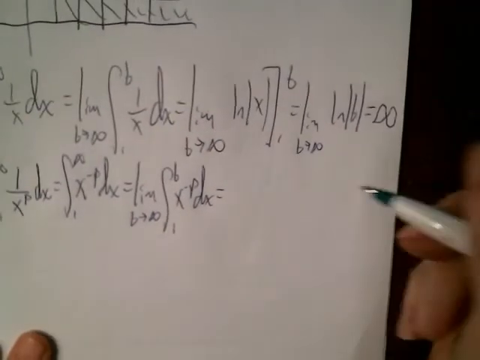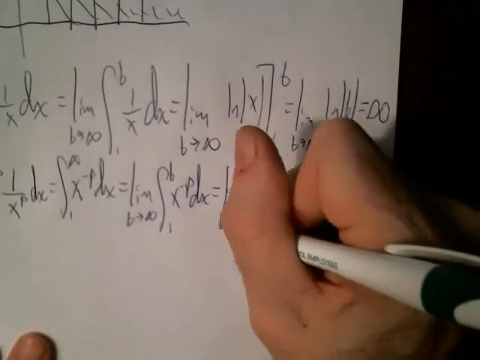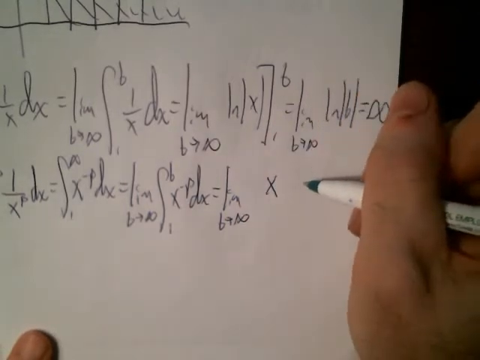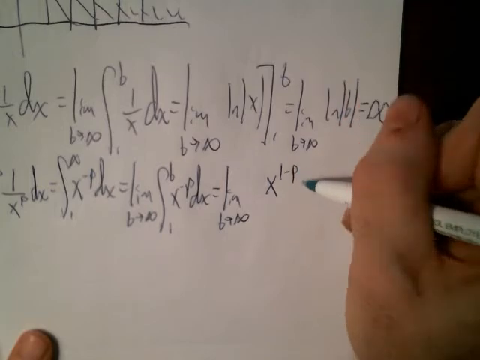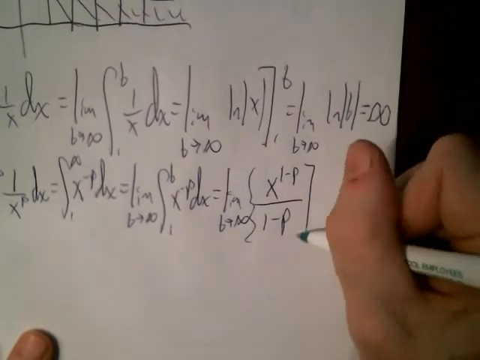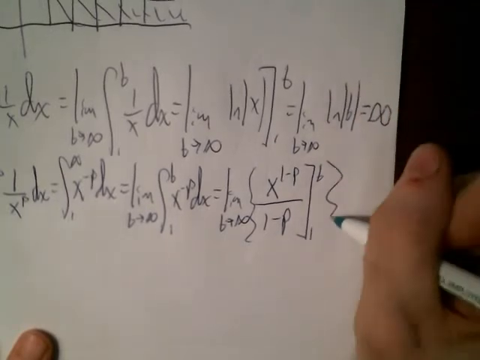Do a power rule on that, so I have the limit as b goes to infinity of x to the negative p plus 1, I'm just going to write 1 minus p, all over 1 minus p, evaluated from 1 to b.